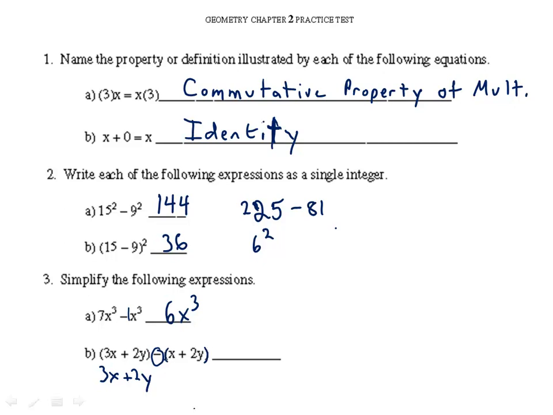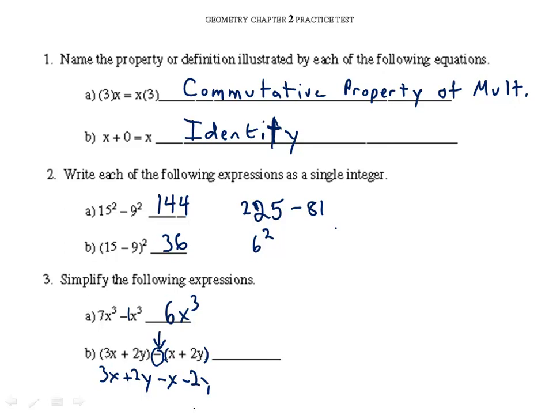Whatever signs you have in there become opposite. Okay, so I have a positive x, that's going to become the opposite of that. So it'll be minus x. And the plus sign becomes minus 2y. That's what is caused by this right here. That's subtraction in between, so you have to distribute it through the second set of parentheses.